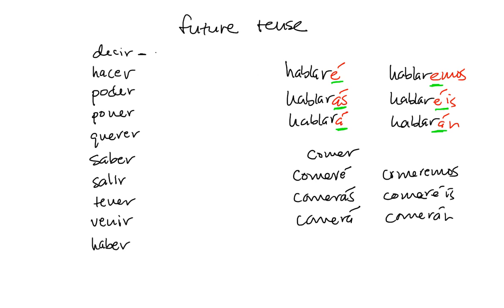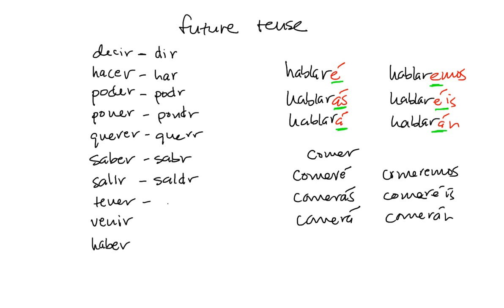So for decir, the root is dir, for hacer, har, for poder, podr, poner, pondr, querer, querr, saber, sabr, salir, saldr, tener, tendr, venir, vendr, haber, habr. Okay?